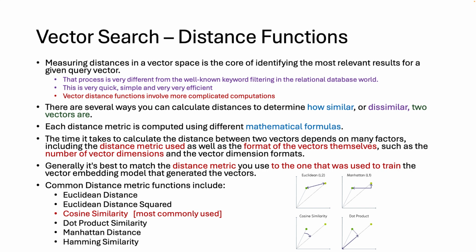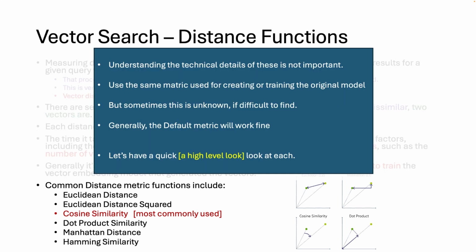Now, one of the key things to keep in mind with these distance measures is that the technical details, the maths behind it, would be really interesting and fascinating for some. The reality is, well, it's a function, right? Somebody else has coded it up. You assume it's done right, particularly in commercial environments. It has to be done right and is extensively tested.